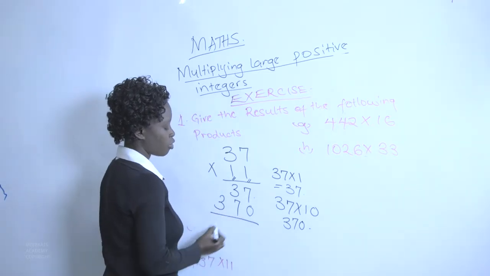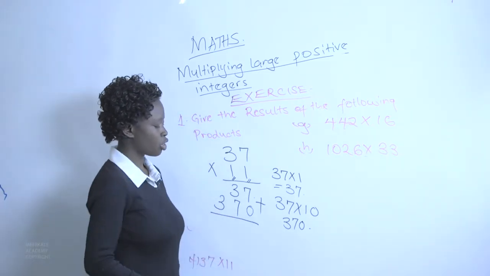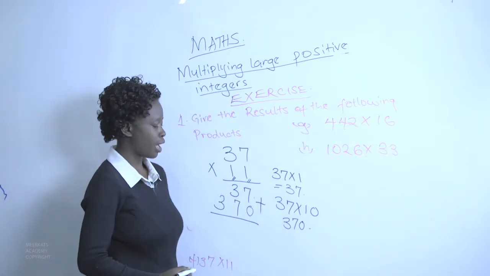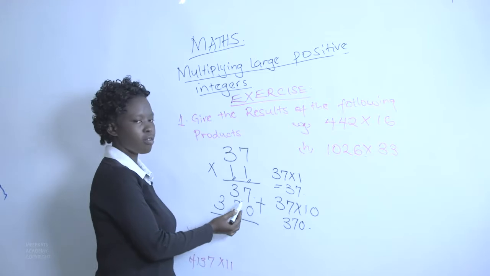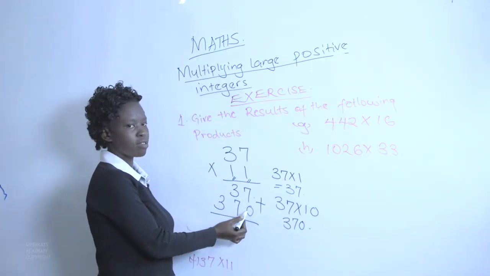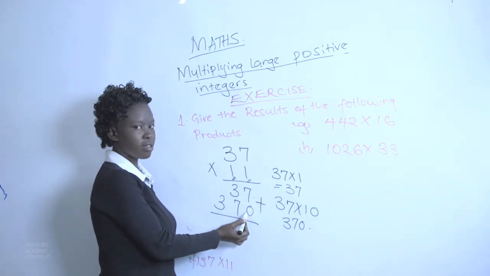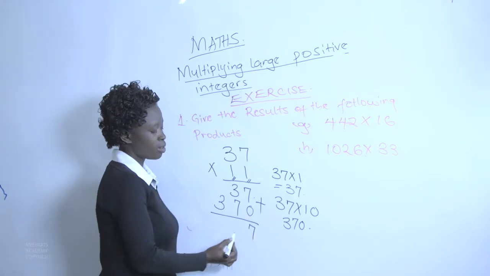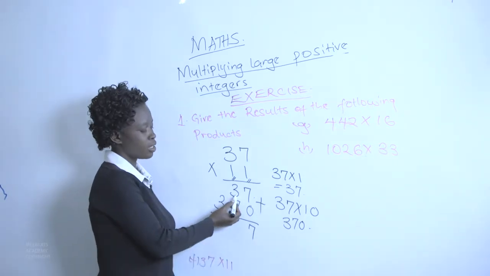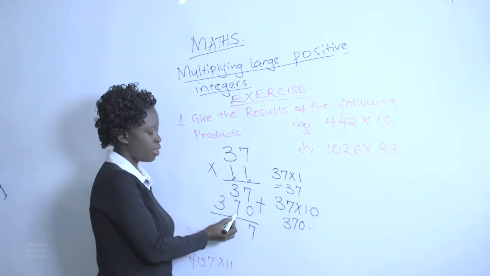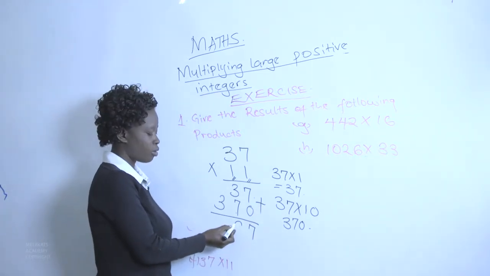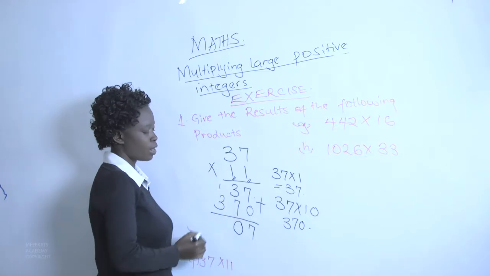So we write 370 at that position. Then after multiplication, we go ahead and add the numbers that have been obtained there. So we have 7 plus 0, which is 7. Then we have 3 plus 7, which gives me 10. So write 0 and carry 1.